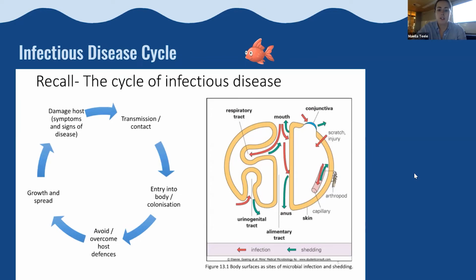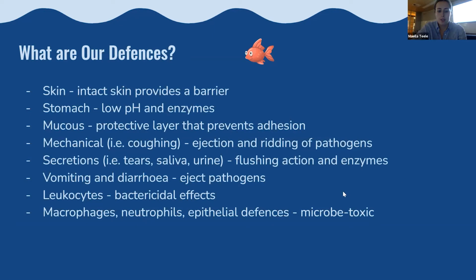So our defenses that we do have, next slide. So we've got our skin, our intact skin, which provides a barrier. We've got our stomach, our low pH and enzymes of the stomach can also kill pathogens. The mucous membranes of our body are a protective layer which prevents adhesion because they're very hard for the bacteria and pathogens to attach to.